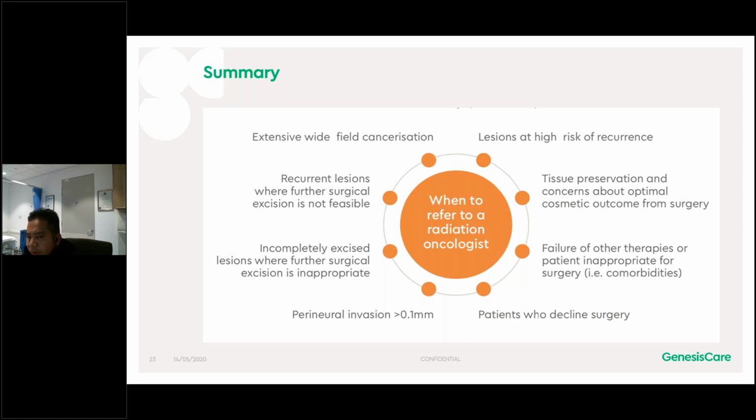The next indication obviously will be an incompletely excised lesion, with positive margins, where further re-excision might not be appropriate, and also recurrent lesions where surgery might not be a suitable option for them. So in summary, these are all the times where we will be happy to see the patients in our clinic to talk about radiation options as a way to treat the skin cancer.